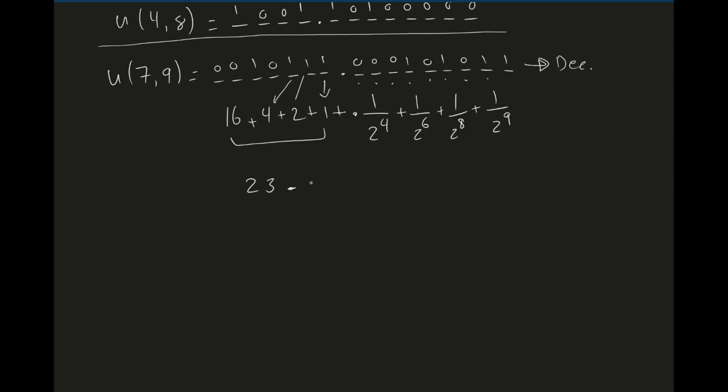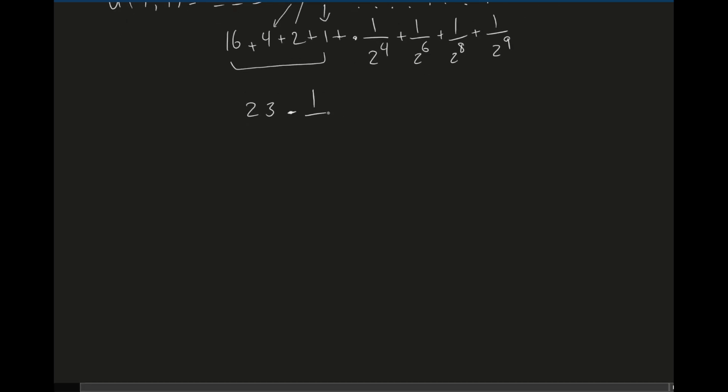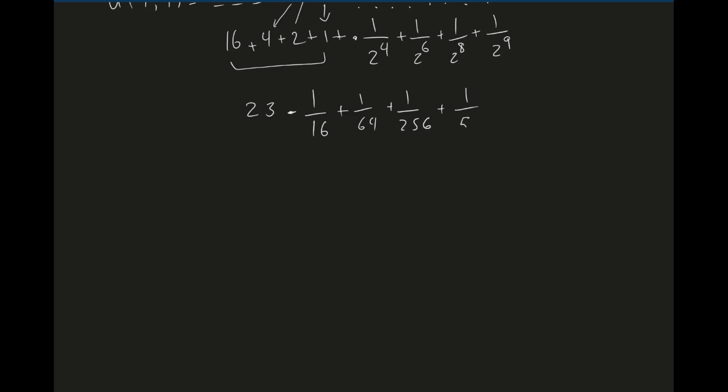point, 1 over 16 plus 1 over 64 plus 1 over 256 plus 1 over 512. You don't actually need to put this here, you'll get the fractions right away anyway. And if you add these up, you'll get 23.083984375.